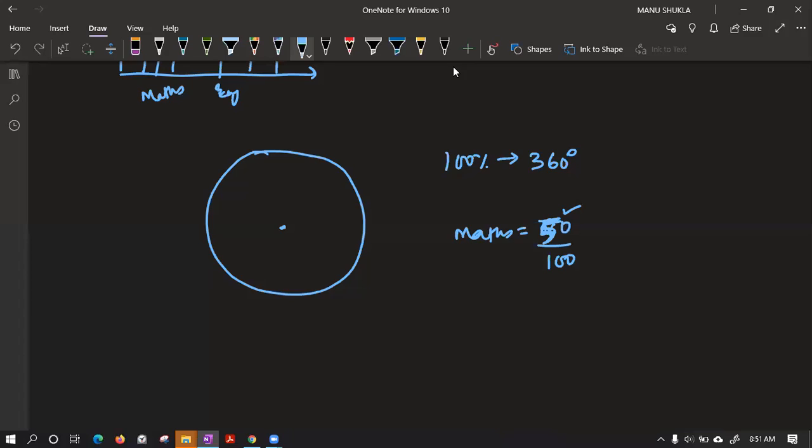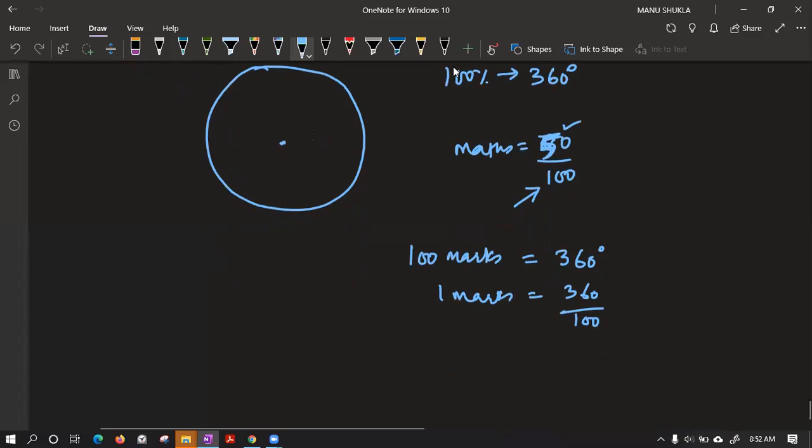So we need to understand that 100 marks is the total marks. 100 marks is equivalent to how many degrees? Yes, it is equivalent to 360 degrees. So 1 mark is equal to how many degrees? 360 upon 100. And we want to find for 50 marks.